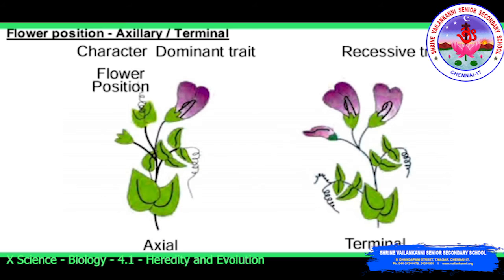Based on the position, the flower position, they are axillary or terminal. Here you can see axial is the dominant trait and terminal is the recessive trait. This is the flower position.